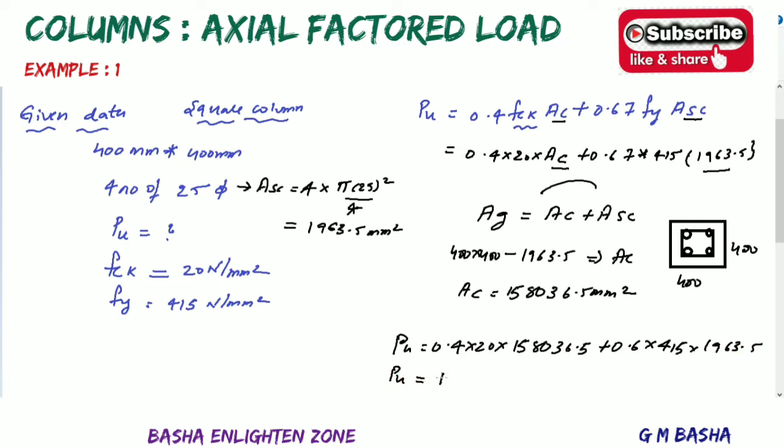That will be equal to 1810.24 into 10 to the power of 3 newtons. If you want to convert to kilonewtons, take down 1810.24 kN. So this is the procedure for finding axial loads based on the given formula.